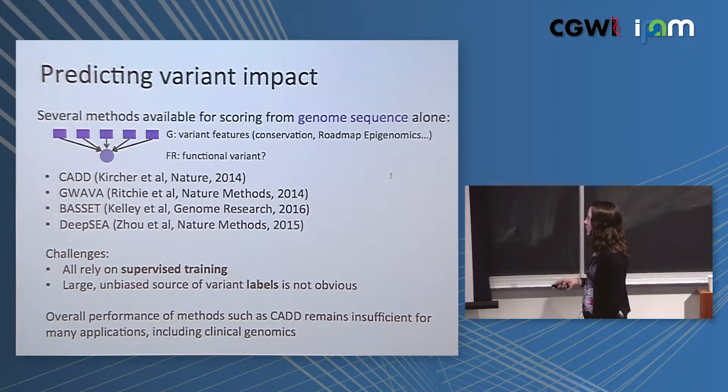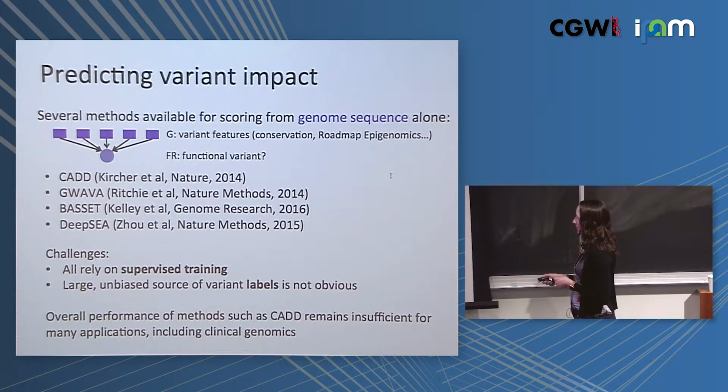All of these methods rely on supervised machine learning approaches, ranging from something as simple as logistic regression or SVMs all the way to deep learning methods. But relying on supervised training means that you need some training data. And the real problem is that a large and unbiased source of variant labels for non-coding and regulatory variants is not really available. So each of these uses something different.